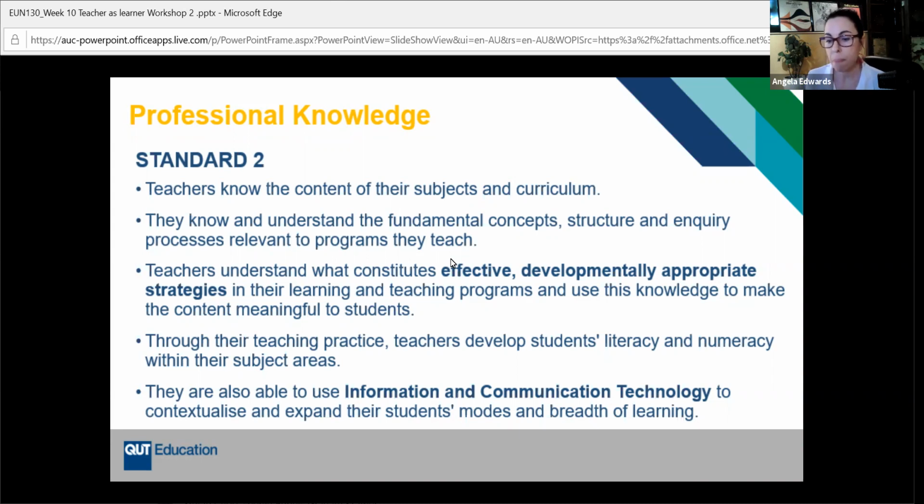So point 5, they are also able to use information and communication technology to contextualize and expand their students' modes and breadths of learning. So I guess a commitment to the use of varied modes of learning to maintain students' interests and cater for individual students.